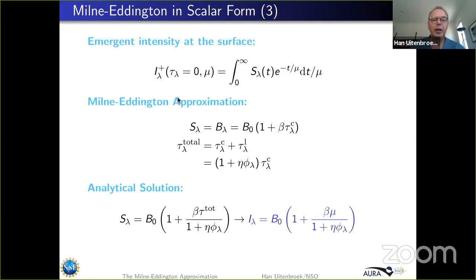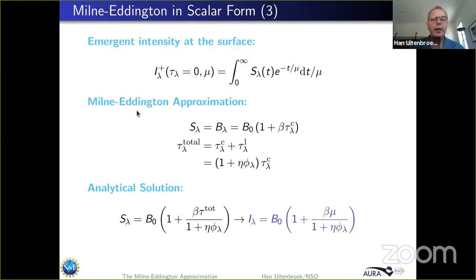Then again, like before, we can write the emergent intensity at the surface, tau equals 0 at cosine of theta, mu, in this way. This is called the formal solution for the semi-infinite atmosphere, 0 to infinity, because we integrate from the surface to the depth of the atmosphere.